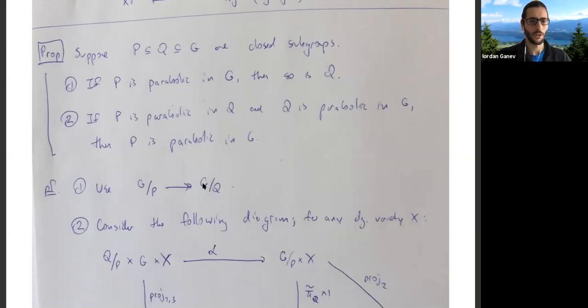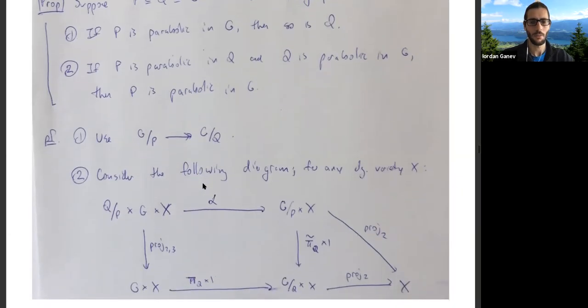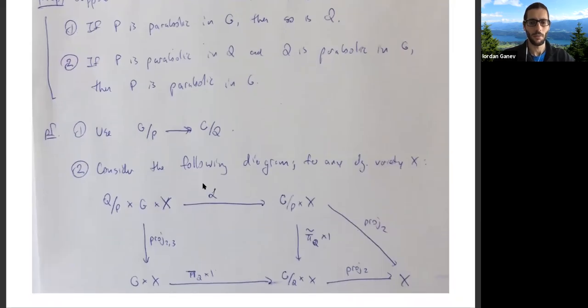The second assertion is slightly more involved. I won't show all the details, but let me give you the general idea. You get to use this diagram here. First of all, we have G mod P cross X, where X is any algebraic variety. We need to show that the morphism from G mod P cross X to X, given by projection to the second factor, is a closed morphism. It takes closed sets to closed sets.